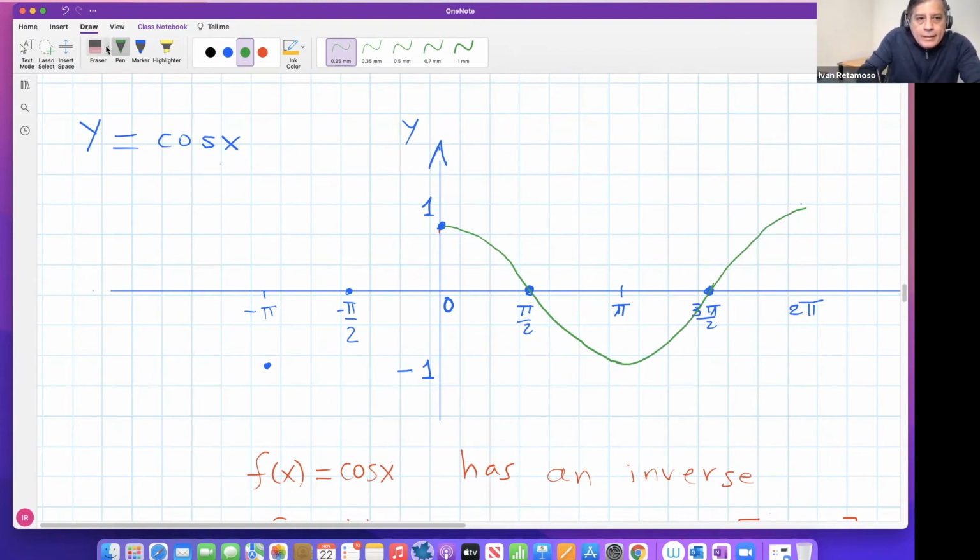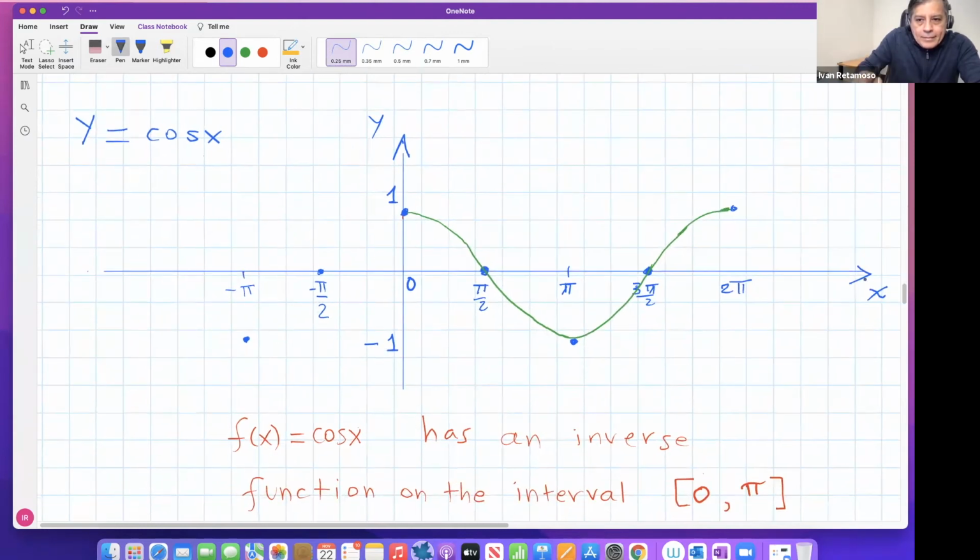But if you continue to the right and to the left, then this goes here like this, and continues. And similarly here, it continues down here, something like this.